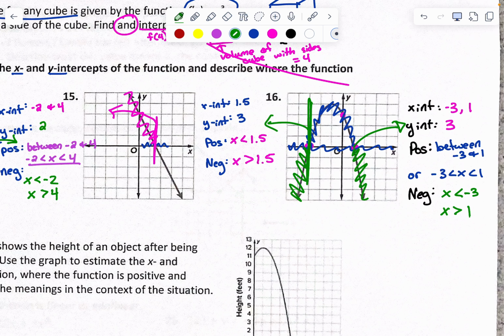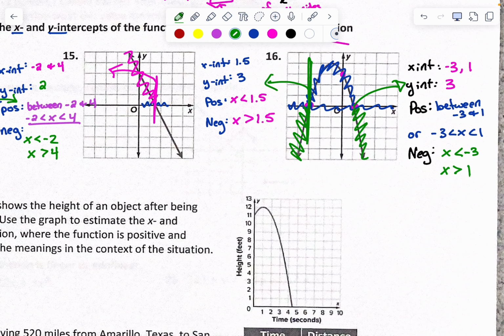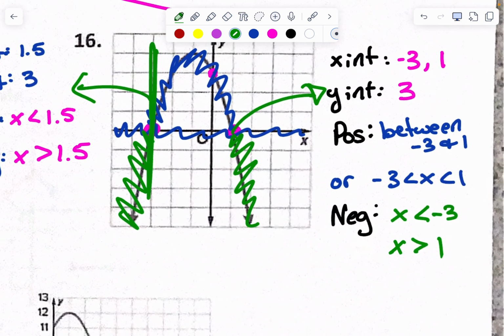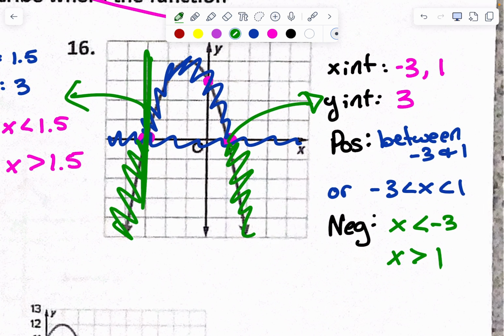Okay. How are we feeling? That's what I got for 16. Check your answer with mine. Did you get it? Yeah, see, look, you can do it. You just need to have confidence, Brexton.